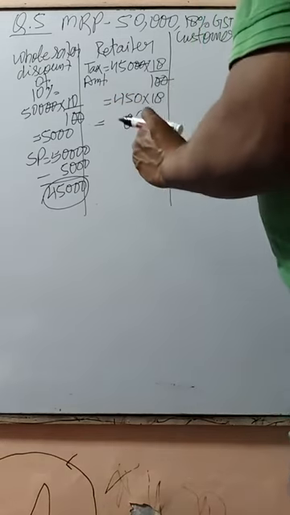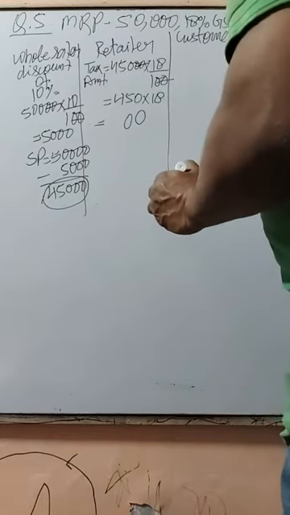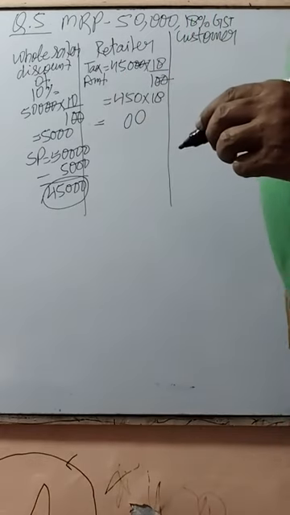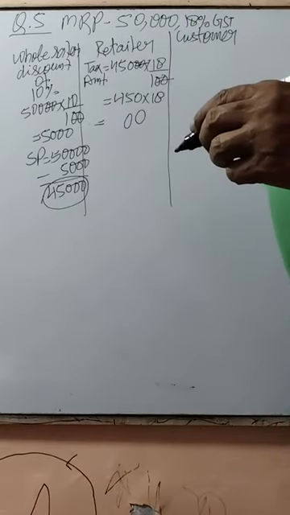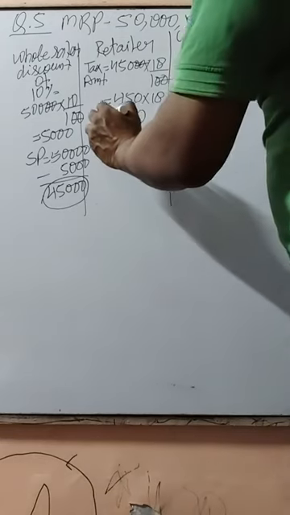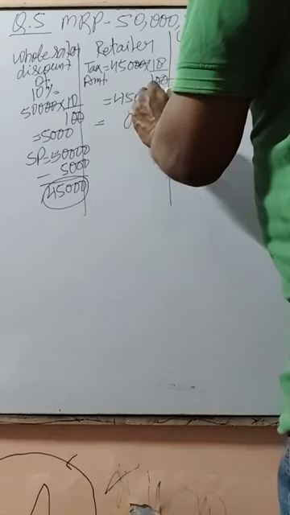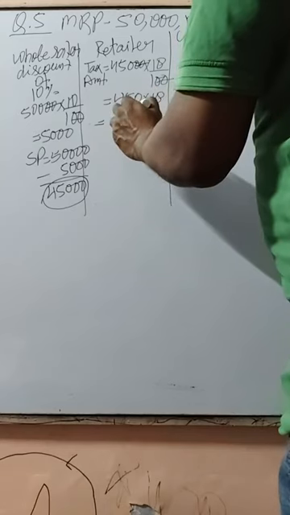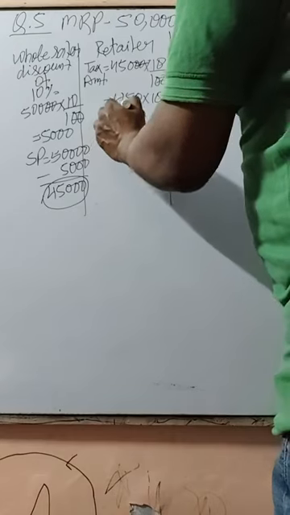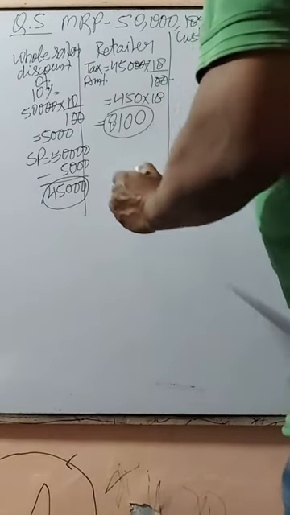Five times 18 becomes 90, so 9 here. 4 times 18 becomes 72. Right? 72 and 9, 81. 81, this is the tax amount, right?